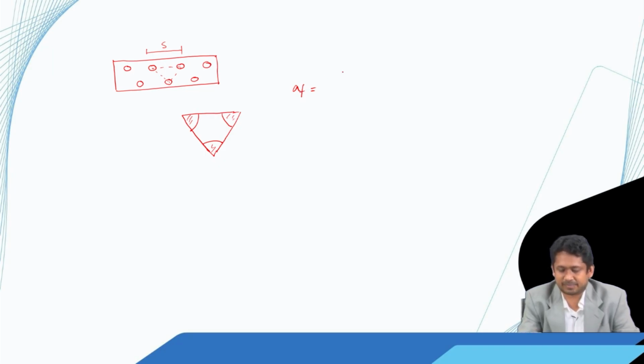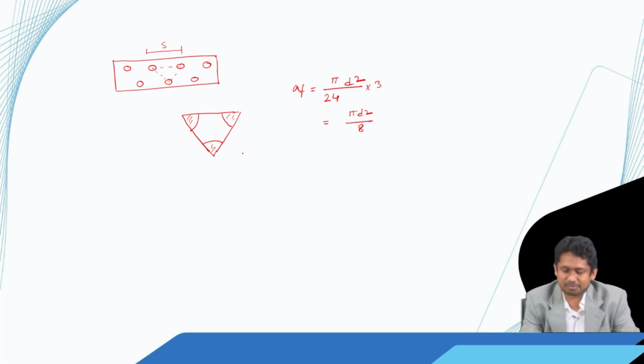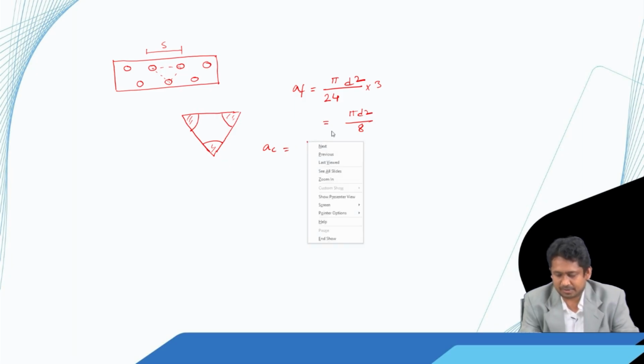Now, we can say that the fiber area is pi by 24 d square, that is the area of each piece, and there are 3 of those. So, that gives us pi d square by 8, that is the area of the fiber, and the area of this composite, the area of that triangle, is root 3 by 4 s square.